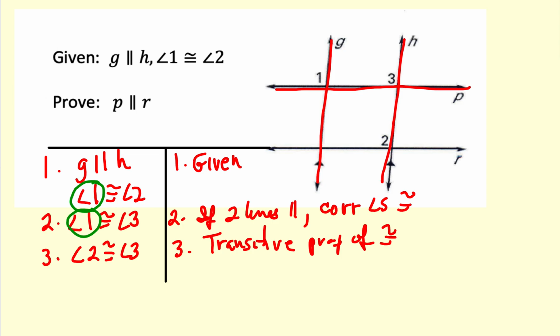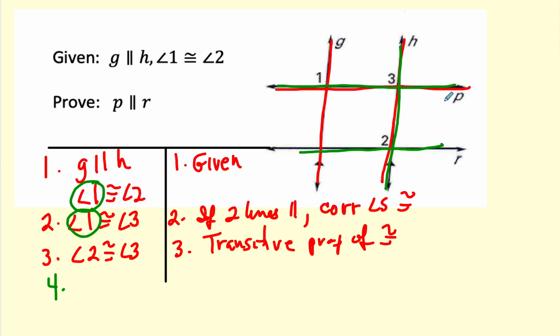And I'm going to get another color here now. Let me use green. I now have angle 2, so I'm going to outline the lines that make angle 2 and angle 3. So these green lines make angle 2 and angle 3. And these 2 angles are called corresponding angles. So these corresponding angles are going to give me parallel lines.